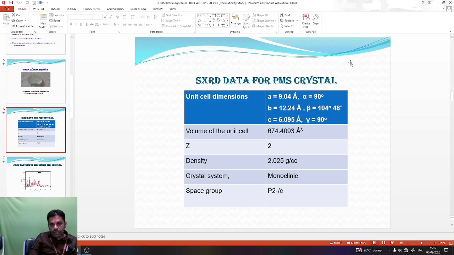You can check this: any two angles are 90 degrees, one angle is not equal to 90 degrees. That exactly matches the monoclinic crystal system. The density value is 2.025 gram per cubic centimeter, and the volume of the unit cell is 674 cubic Angstrom. So these are the values of the crystal.